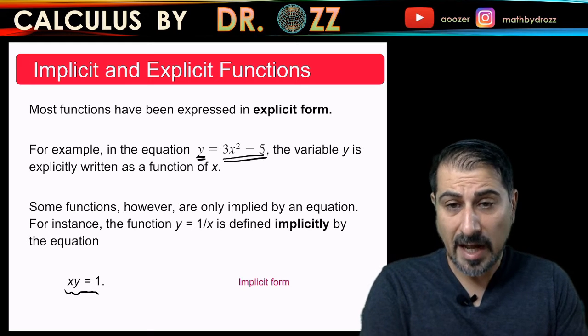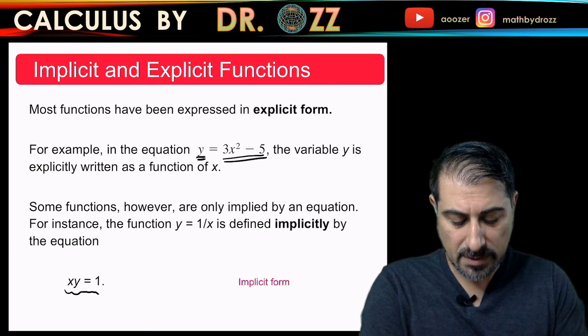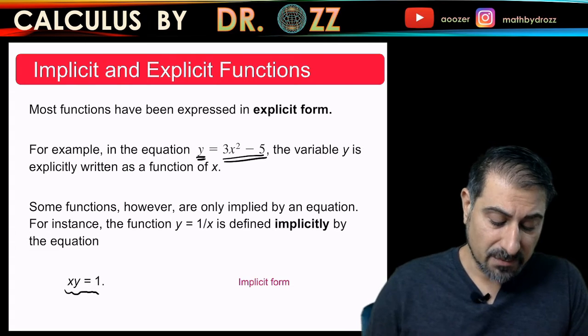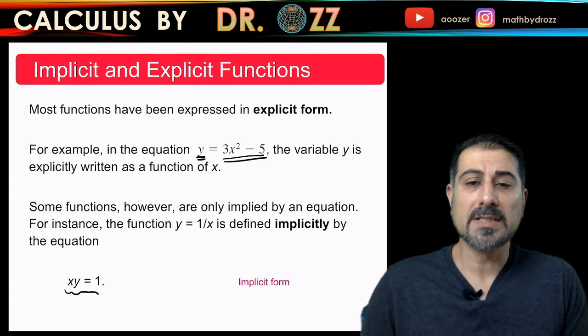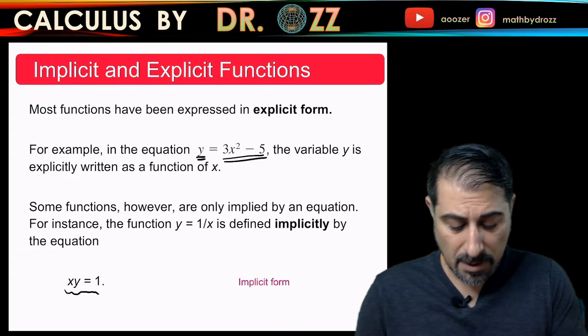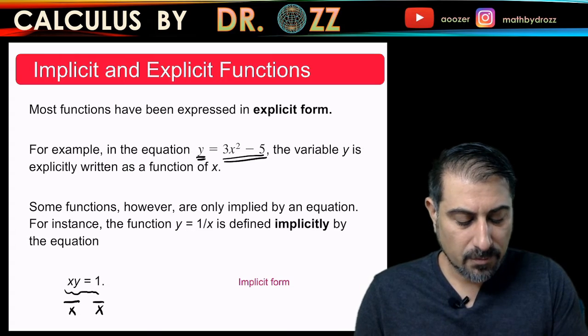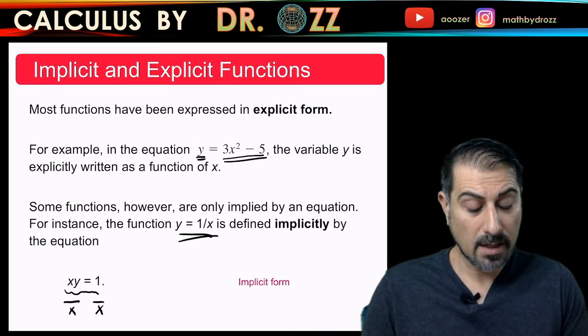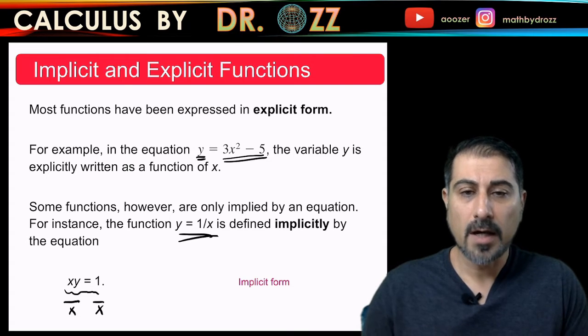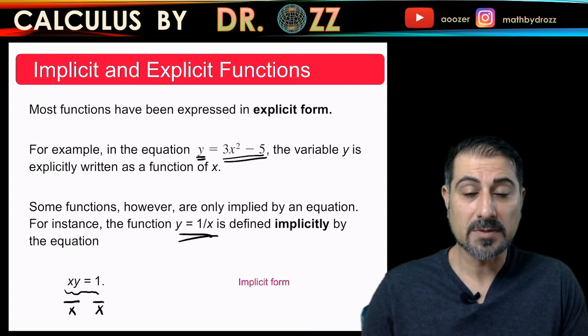Here y is not isolated from x, so it's mixed up in the equation. We call this form an implicit form. In fact, we can convert this form to an explicit form by dividing both sides by x, so that y becomes 1 over x. So we can go back and forth between implicit and explicit forms for certain functions.